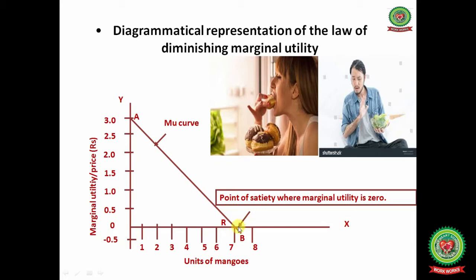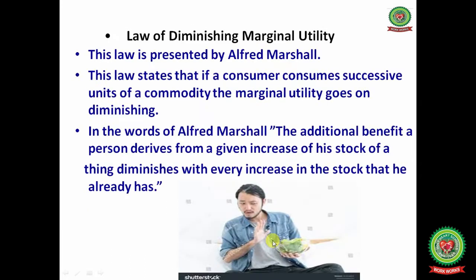After joining all these points, you will get a downward sloping marginal utility curve, and the point R here shows the point of satiety where the marginal utility is equal to 0. As you can see, the marginal utility curve cuts the x-axis at point 7, where the marginal utility becomes 0, and this point is known as the point of satiety.